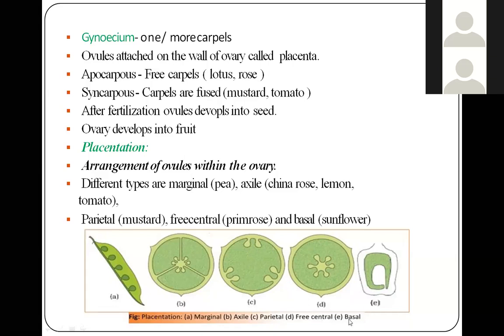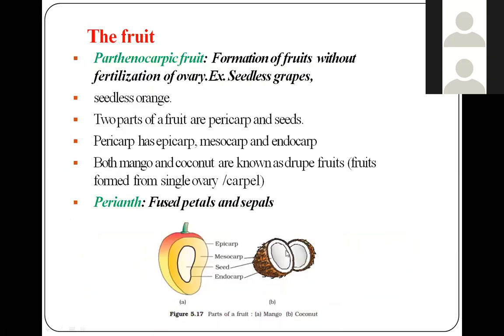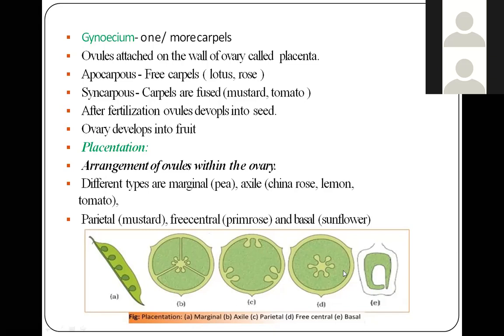And the last type is the basal, because the ovule is present at the base of the ovary, for this reason it is said to be the basal type of placentation. So here we complete the parts of flower, right? The parts of flower contain calyx, corolla, androecium, and gynoecium.